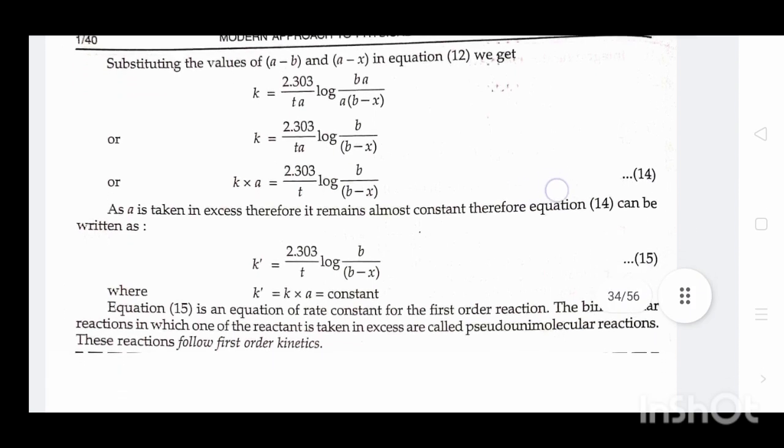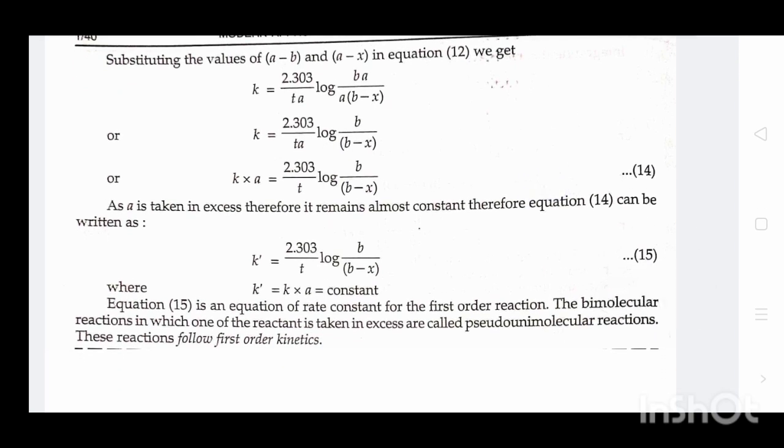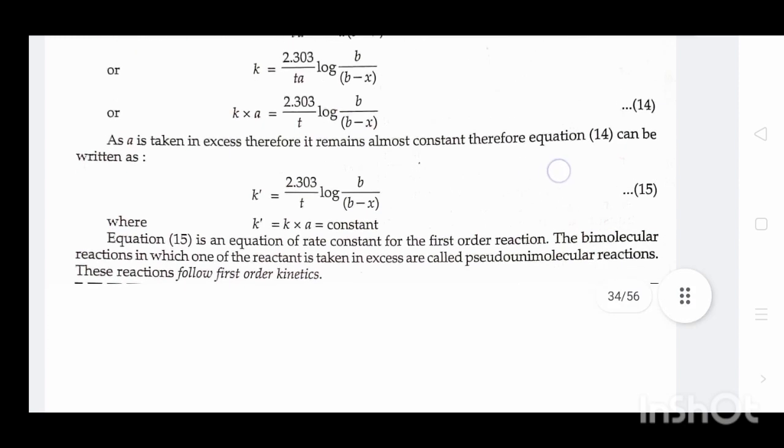So we get k into a equals 2.303 divided by t log b by (b minus x). As a is taken in excess, it remains almost constant. Therefore equation 14 can be written as k dash equals 2.303 divided by t log b by (b minus x), where k dash equals k into a, a constant.